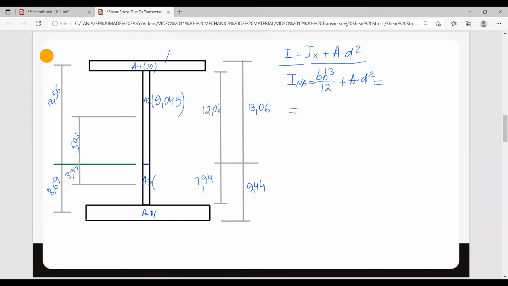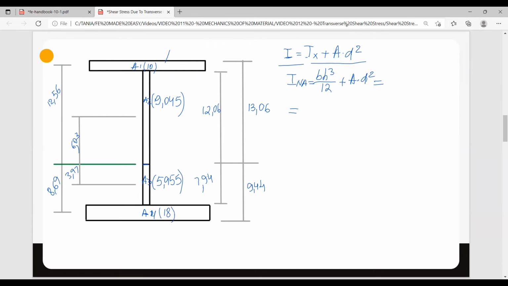Area number 3 is 7.94 times 0.75, equals 5.955. And area number 4 equals 18.